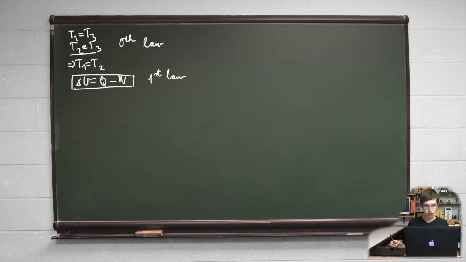There is also the expression delta U is equal to Q plus W as another form of this law, but here we have opposite signs, meaning work is positive if it is done on a system by the environment and vice versa. We will use the first formula, which says that work W is positive when a gas does work on its environment, so we will use the formula written here.